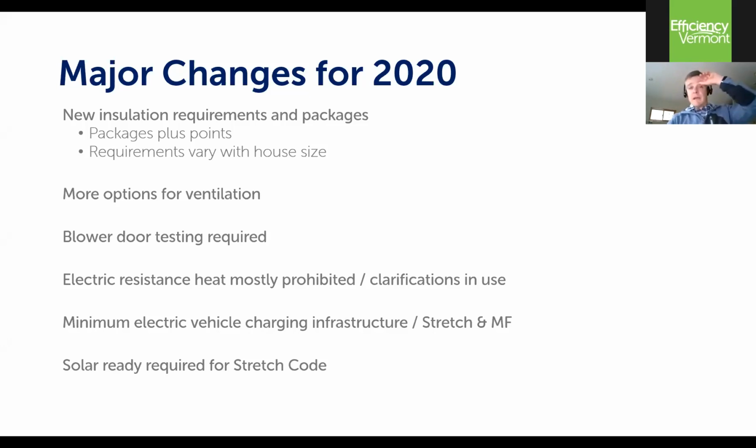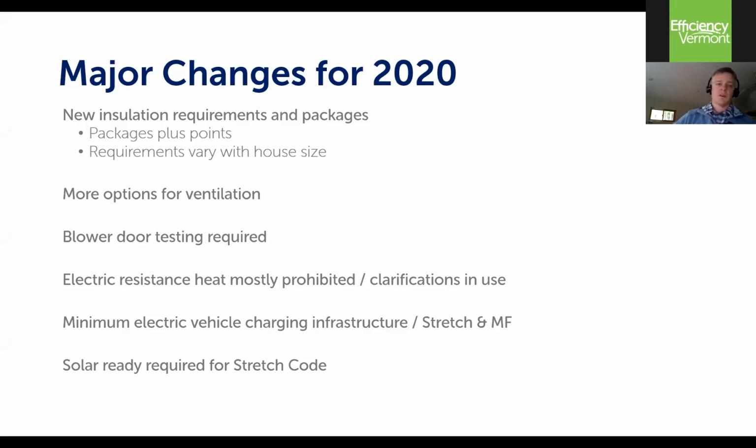So again, we're in an updated version of the code, which has been in place since September 1st of 2020. And this changes from the 2015 code. So there are new installation requirements, and it's packaged in a different way and presented in a different way than it was in 2015. So we'll talk about that in more detail.